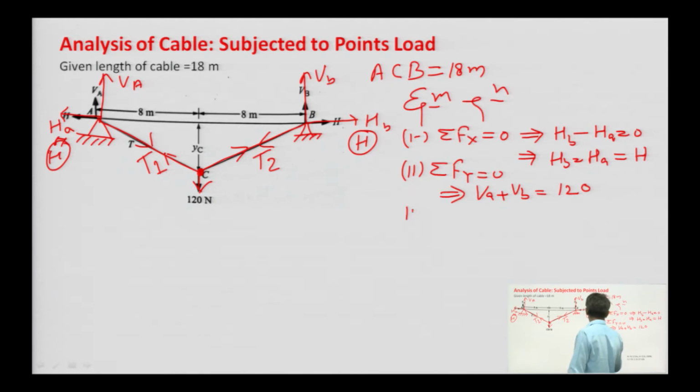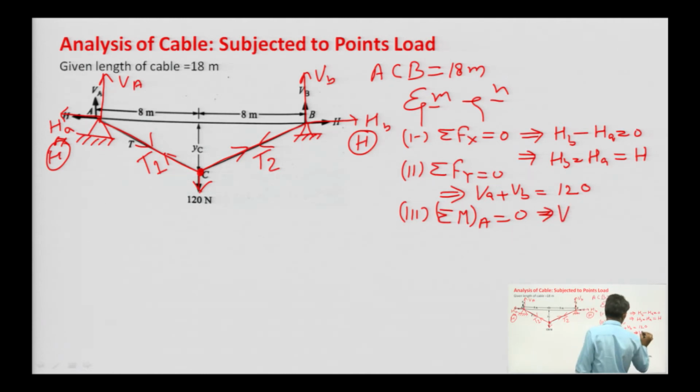Another equilibrium equation that we have, sigma M about any point, say it is A. Then we will have VB into the perpendicular distance, 8 plus 8 means 16, so VB into 16, and its moment is anticlockwise. Another force, this one 120, is clockwise. So, it will be minus 120 into the perpendicular distance, which is how much? 8.